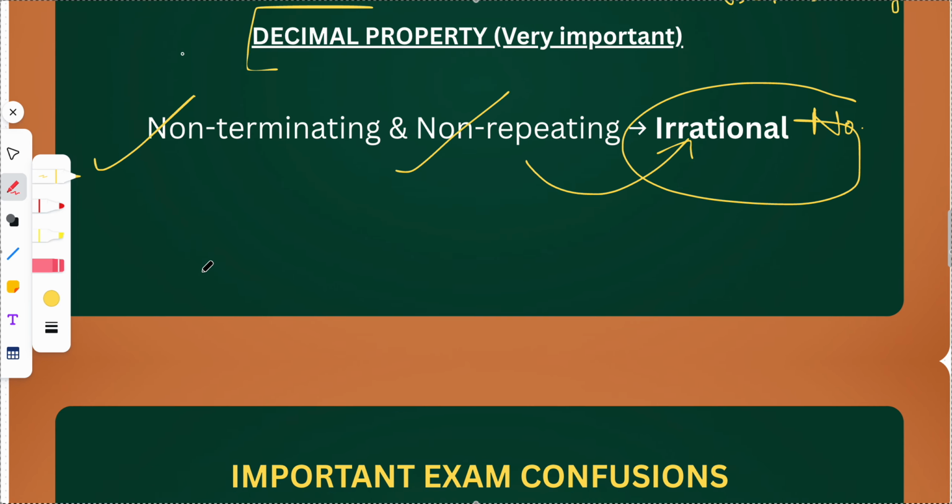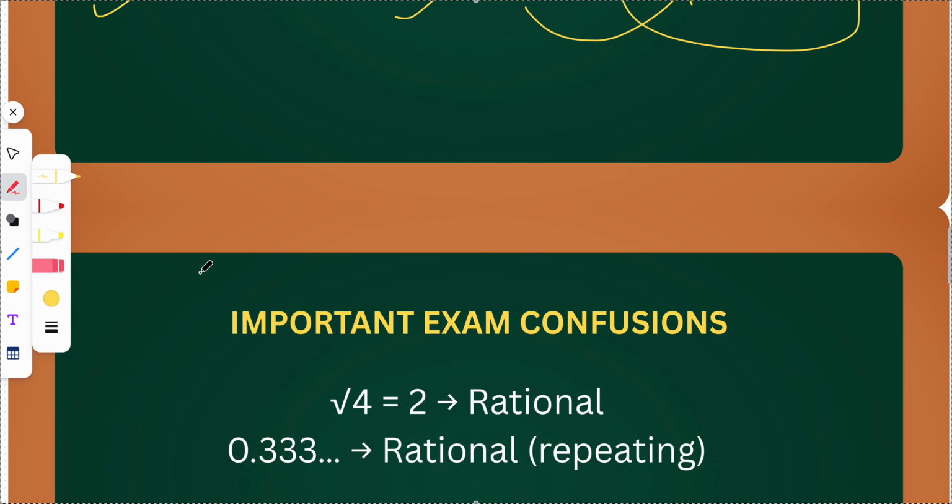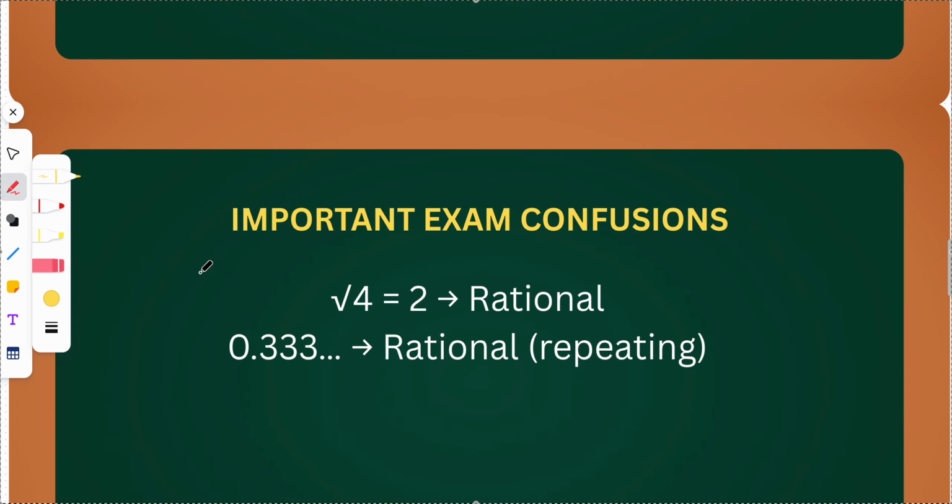Now let's move forward to some important examination confusions. Students generally make mistakes in these sorts of questions. If they see a square root above any number, they think, there is a square root here, I should answer this as an irrational number. But that is not how we should think.